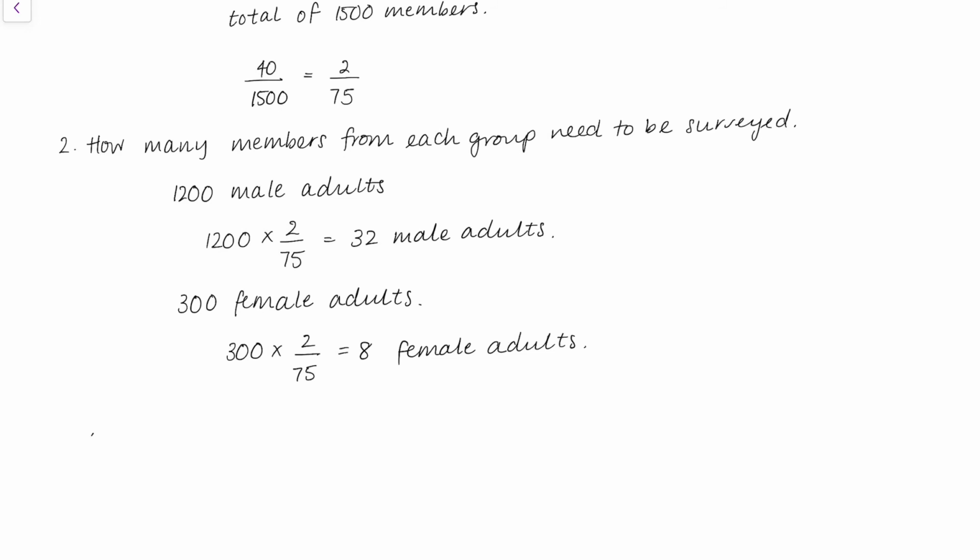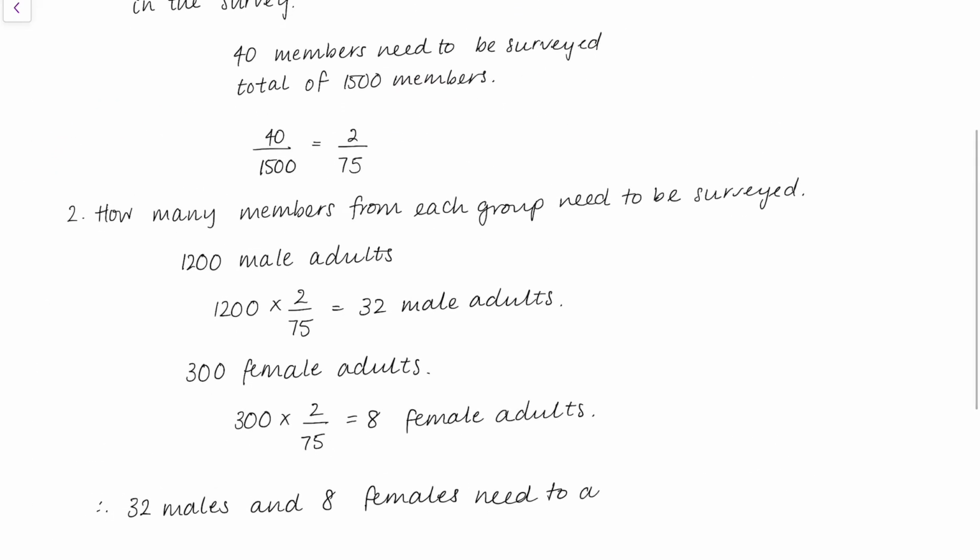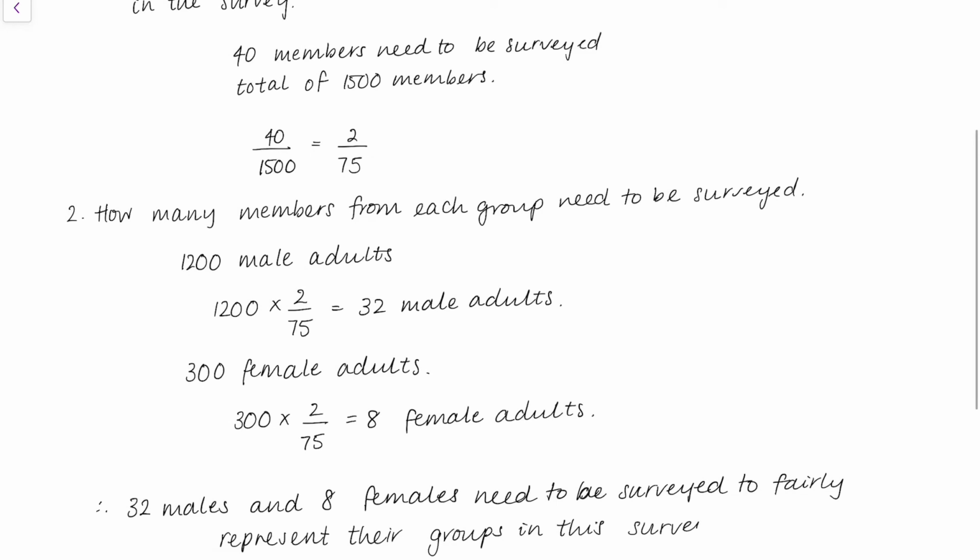So I'm going to write a conclusive sentence here. So I'm going to say, therefore, 32 males and 8 females need to be surveyed to fairly represent their groups in this survey.